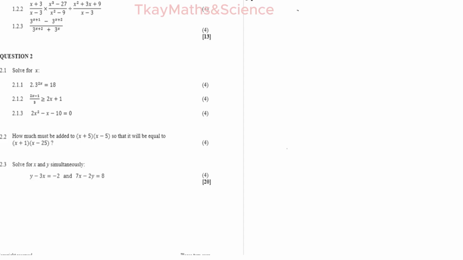3. Okay, so 2.3 is requiring us to solve for x and y simultaneously. Okay, so let me just rewrite it here.